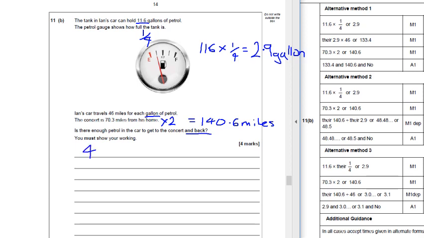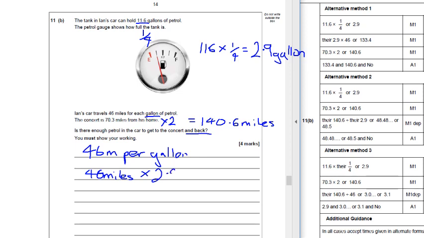So what we're saying is he can go 46 miles per gallon, the way we say it. I should say miles per gallon.